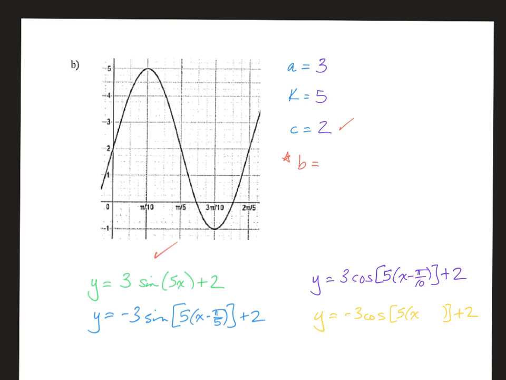A cos graph normally starts at the top and falls, so a negative cos graph would start at the bottom and rise. The first instance where we are at the bottom and rising is all the way down there. I look up and see how far that is, and so therefore I would have to shift my graph all the way over there, which means I would have a shift right 3 pi by 10.